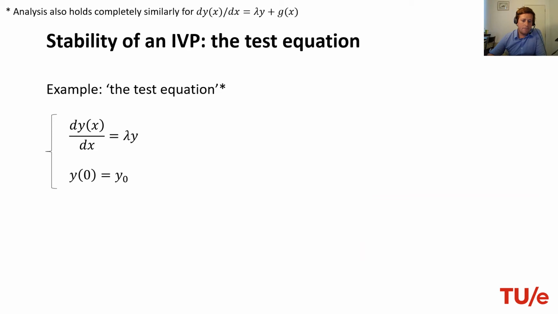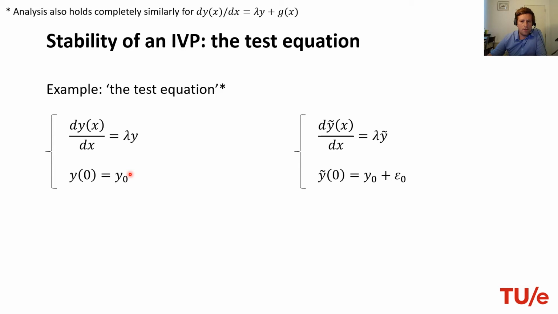Now let's look at a specific IVP called the test equation. We've already encountered it earlier in this lecture, but it looks like this. The derivative of y with respect to x is a constant lambda times y, and we have an initial condition where y at x is 0 is y0.